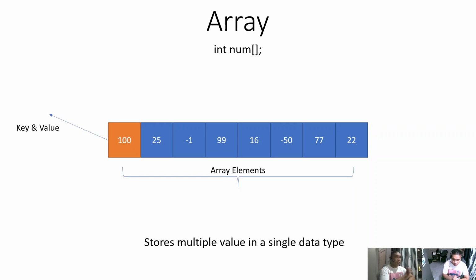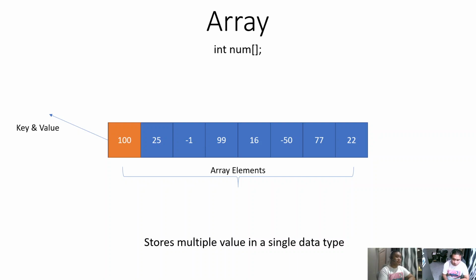Since all of those have the same name, num, you want to identify which section is for 100, which section is for 25, and which section is for -1, so that you can reference, get, add, or change that value. To do that, we have to identify what the key is and what the value is.